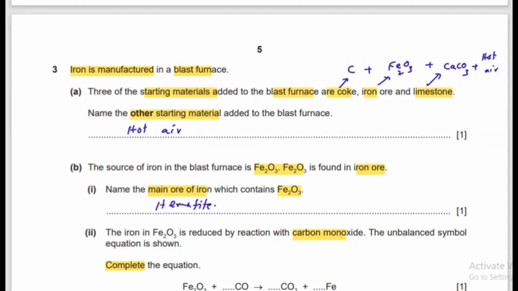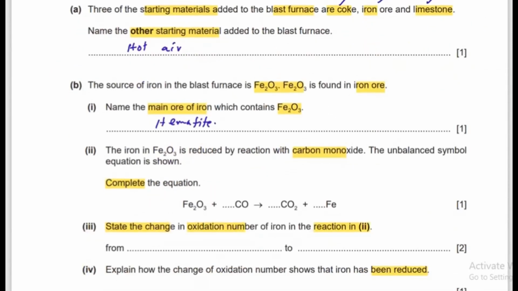The iron ore hematite, Fe2O3, is reduced by carbon monoxide. So let's balance this equation. There are two irons, so we put 2 here, now we can balance the oxygen. There are 3 oxygen, and then 3 plus 1, 4 oxygen, and there are 2 oxygens.